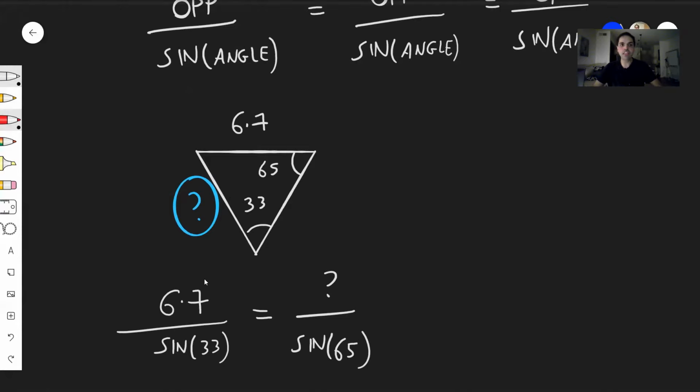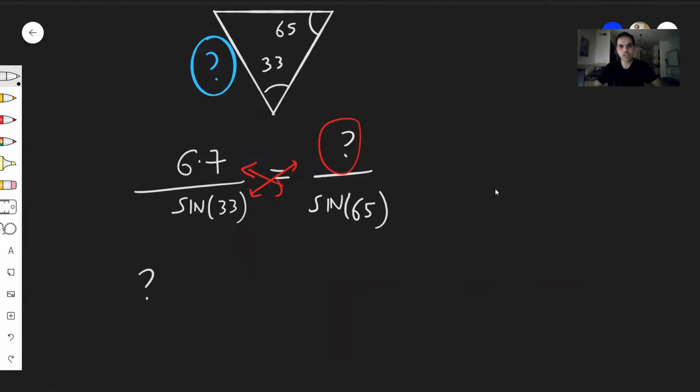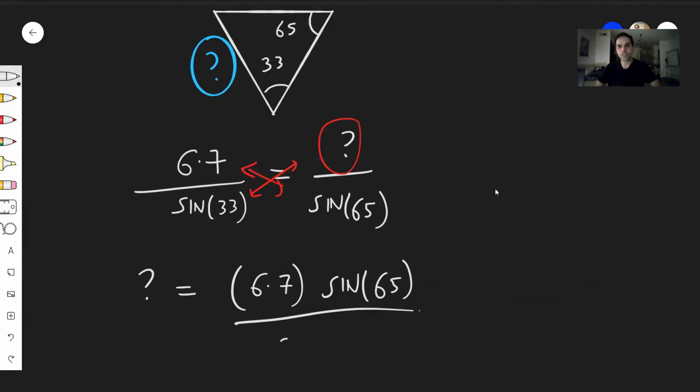And you see, now that you cross multiply, you can actually figure out what this question mark is. Namely, this side is just 6.7 times sine of 65 over sine of 33.